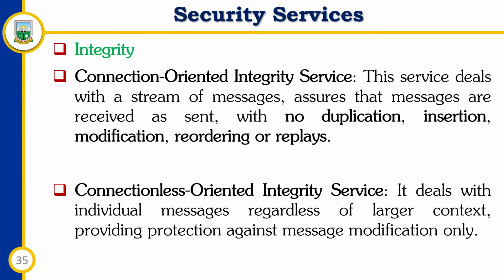It is just like Skype or even your WhatsApp call. If you are calling and there is some scramble in the network, you might not see the person very well. So this type of protocol is a connectionless protocol, and it's a type of integrity service when we talk about security services. It deals with individual messages regardless of larger context, providing protection against message modification only.